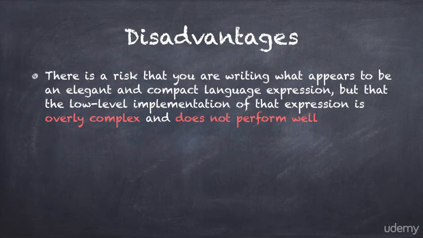So there is a risk that you are writing what appears to be an elegant and compact language expression, but that the low-level implementation of that expression is overly complex and does not perform well. Performance bottlenecks in domain-specific languages can be very hard to track down.